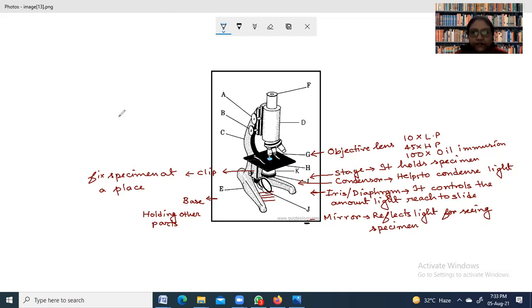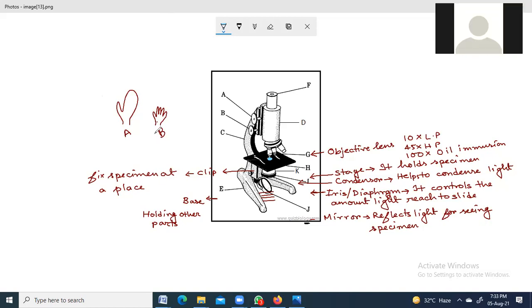Consider you have an image which is like this of a hand and an image which is like this. Two images are there, A and B. Which one do you think is better? B. But it's not magnified, no? Yes.